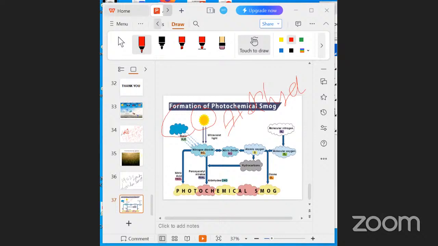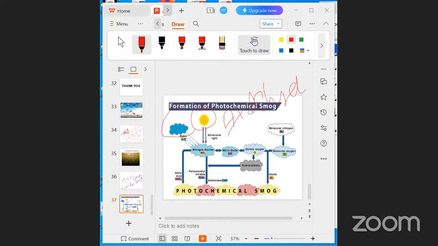Natural calamities such as volcanic eruptions, forest fires, and microbial activities also contribute to nitrogen oxide and nitrous oxide.